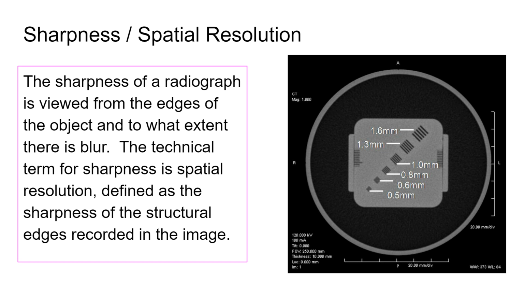I'll tell you up front anyway, there's a nice little definition: spatial resolution is the ability to distinguish objects that are in close proximity to each other. A lot of times I talk about it as if you go to the beach and pick up some sand, and if you can tell the particles, and there's a little spacing in between to maybe count the grains of sand, that would be really good spatial resolution.